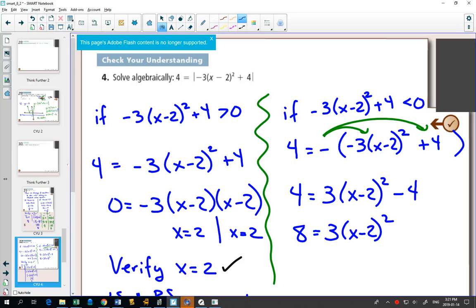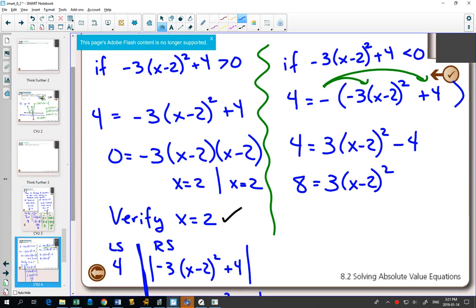Now you have some options on how you can want to solve this. What I think is the easiest option would be to get the (x minus 2) squared all by itself. How do you get rid of the squared then? Square root both sides.